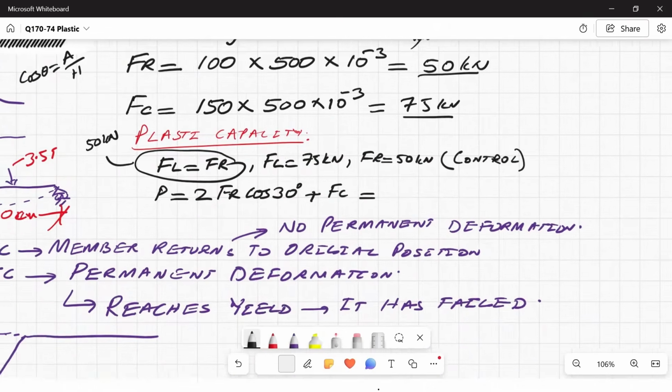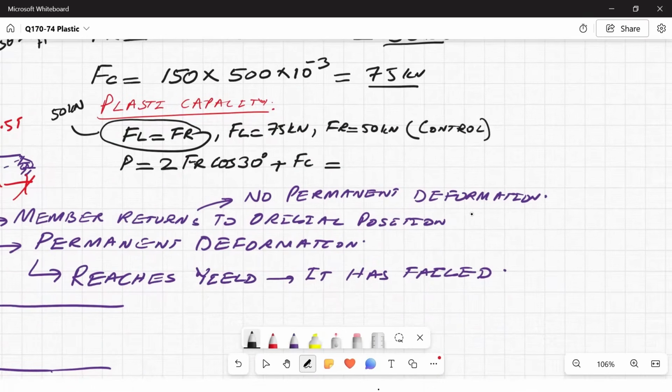So using the same logic, we have used the vertical component of inclined forces. So now 2 times 50 times, the key thing is that FR, 50 kilonewton, will control. So FL will not be 75, it will be 50, times 0.866 plus FC is 75.